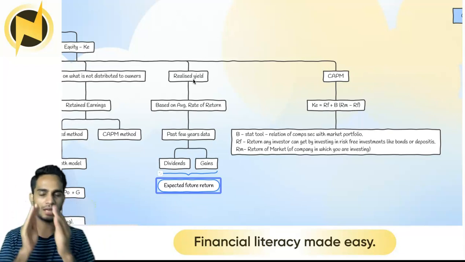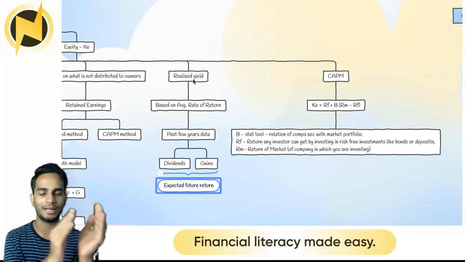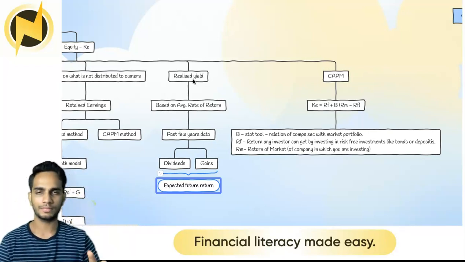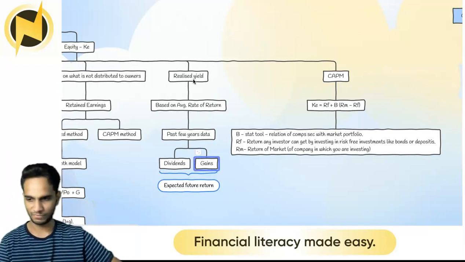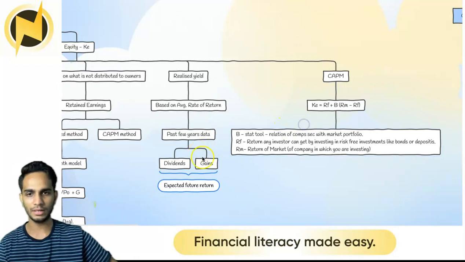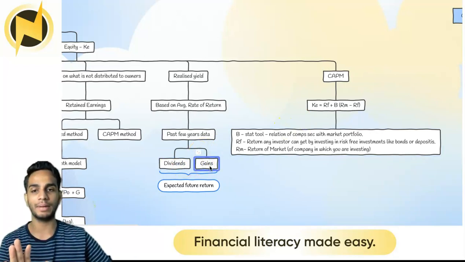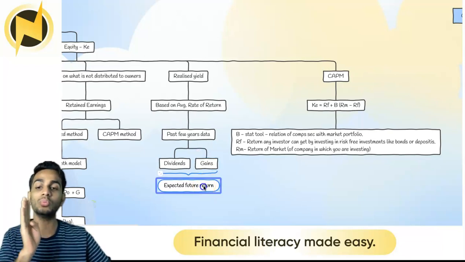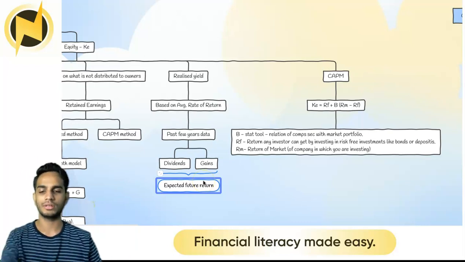So in the past, I have realized dividends in first year 20, second year 30, third year 10, fourth year 10. I take all the dividends I got, and all the gains that I made. I'll create a percentage which I will use to predict or set an expectation for my future return.